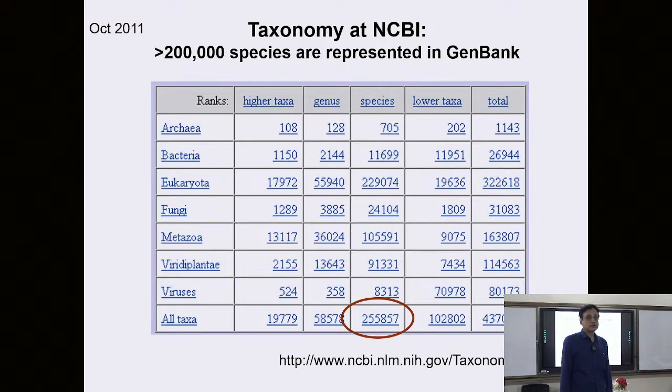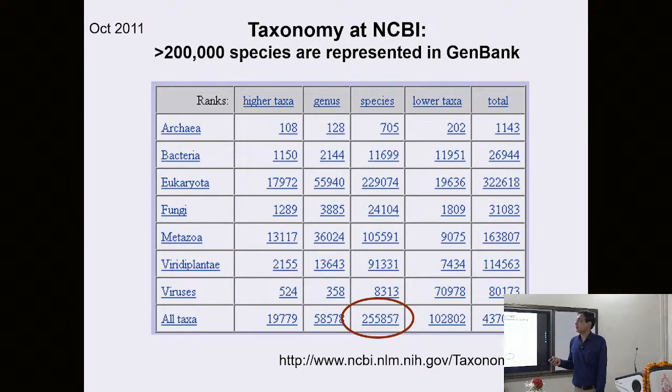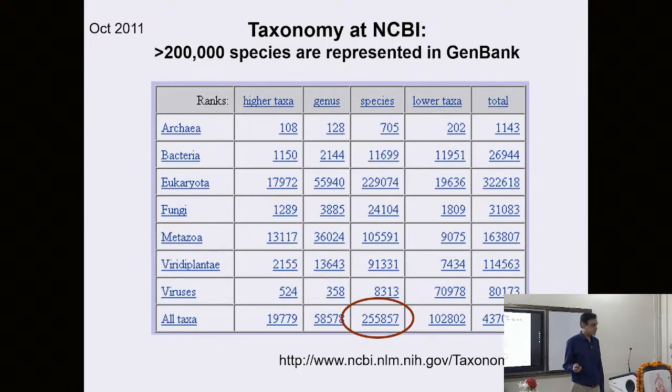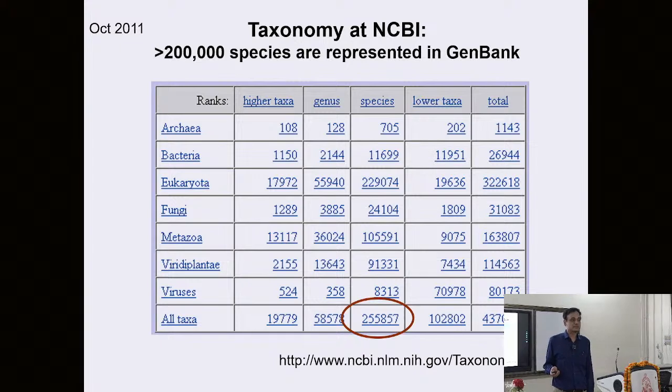So you may be interested in accessing data from different taxa. I started keeping track of the number of species that are represented at NCBI taxonomy since 2011, so relatively recent.